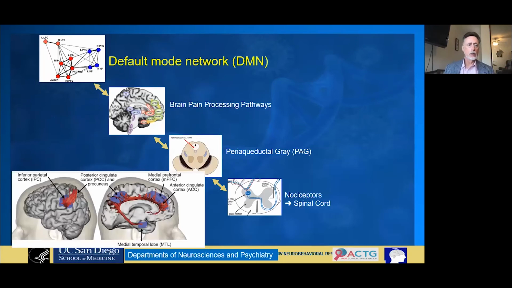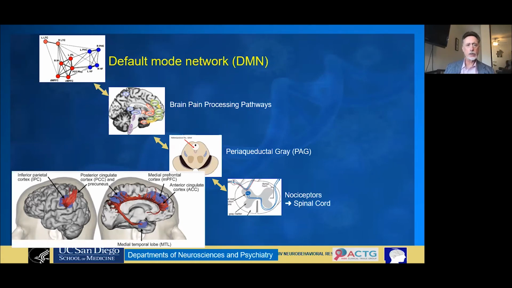Another source of central nervous system modification of pain processing is the default mode network, which is a network of brain structures in which activity is temporally linked. These structures include the medial prefrontal cortex, the cingulate gyrus, and the inferior parietal cortex.